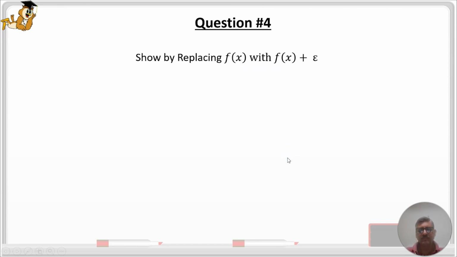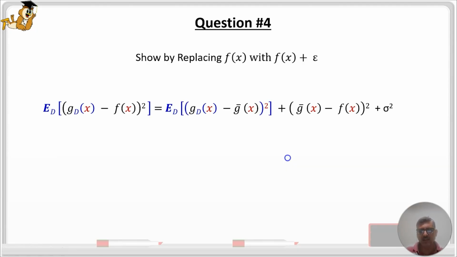Question 4. Okay, we assumed this. I said we would leave that as an exercise. Go through that exercise mathematically of replacing f with f plus epsilon, where epsilon is a random variable with zero expected value, with zero mean, and variance equal to sigma squared.